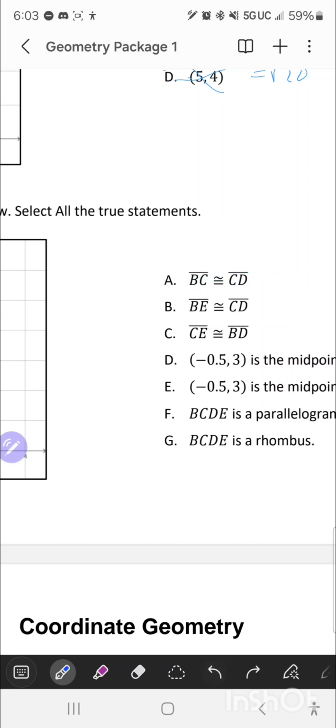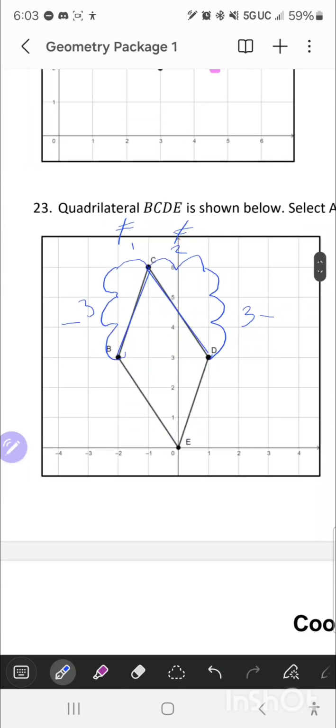Let's just do it this way. No, no, BE and CD. Now we can do the same. Yeah, we can of course do the same. We're going to see that one, two, and three, and then one and two. So after doing this, we can see that they are the exact same.